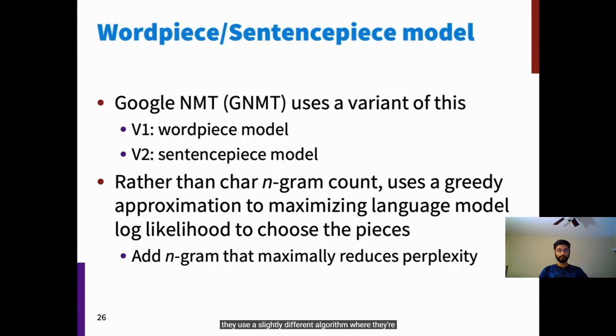They use a slightly different algorithm where they're using a language model, and rather than just using pure counts, they're saying what clumping together would maximally reduce the perplexity of my language model, and clump those things and repeat over. And so they've done two versions of this model.